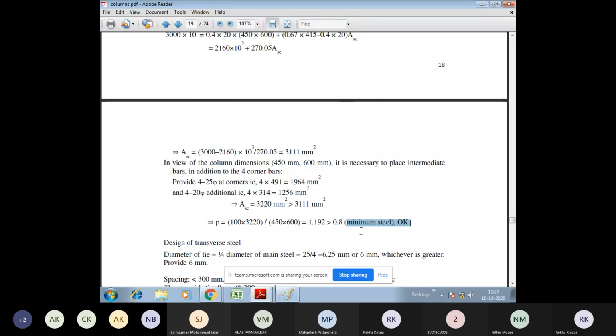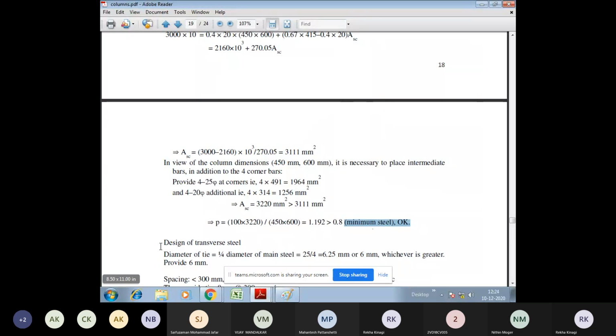Hence we can say that the steel provided is okay, because as we have discussed in the previous sessions, the steel provided should be within the limits of 0.8% to 6%. So 1.192 is more than 0.8 and less than 6.